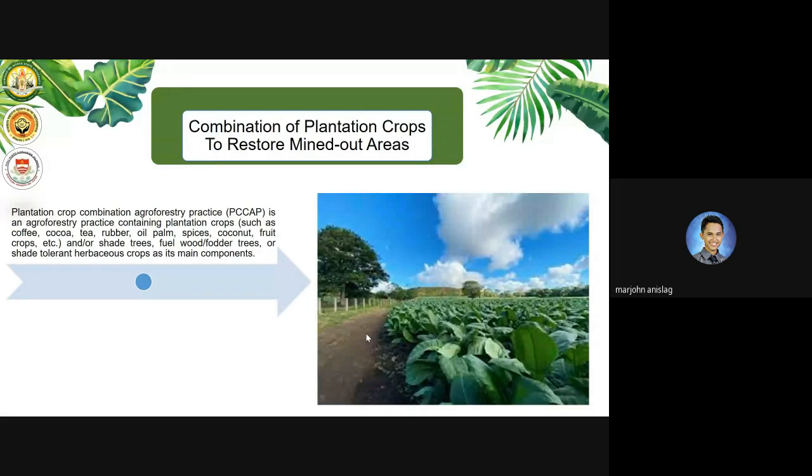So, a combination of plantation crops can assure the restoration of degraded landscapes, which are prone to soil erosion. Instead, it is a method for the production of food crops, fuel wood, and forages, and at the same time can maintain the fertility of soils and water quality and quantity.